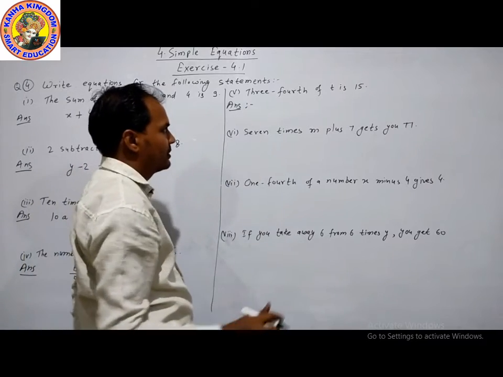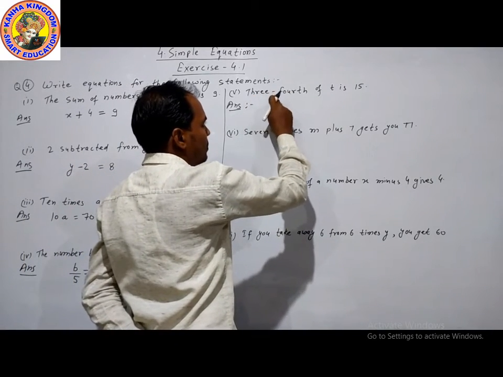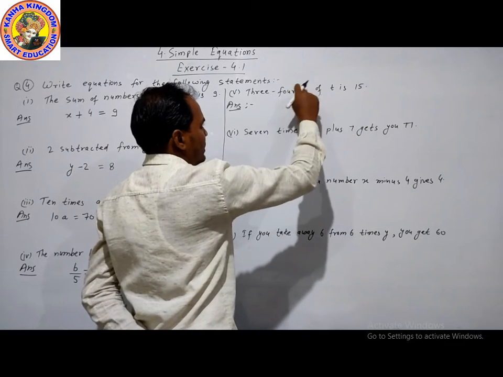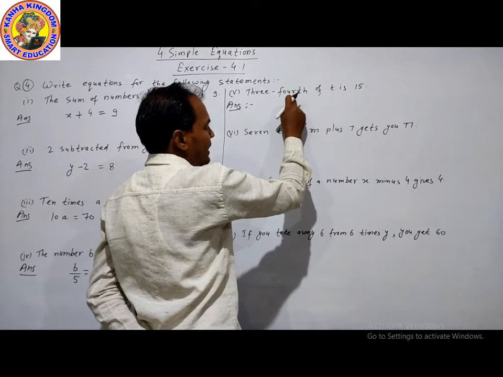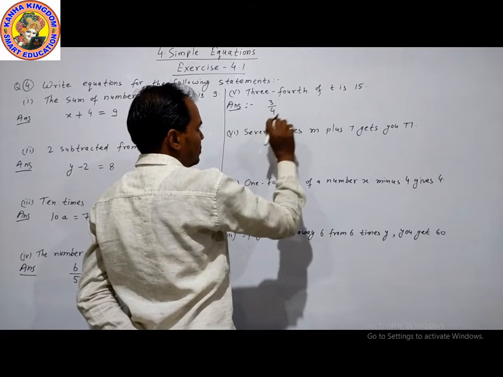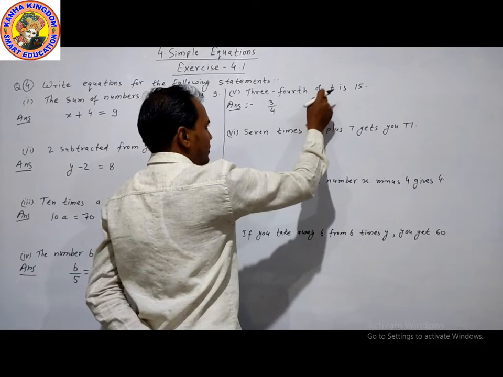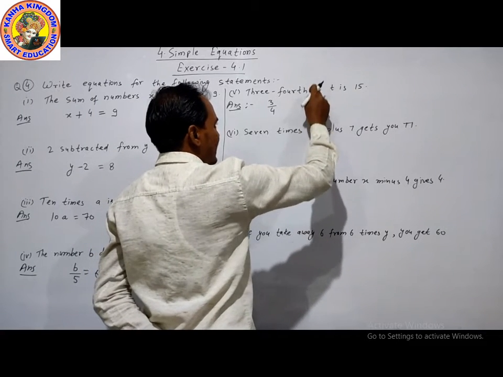Now the next one is 3/4, means 3 upon 4. This is our denominator term. 3 divided by 4 of. In the previous video I said that of means multiplication.